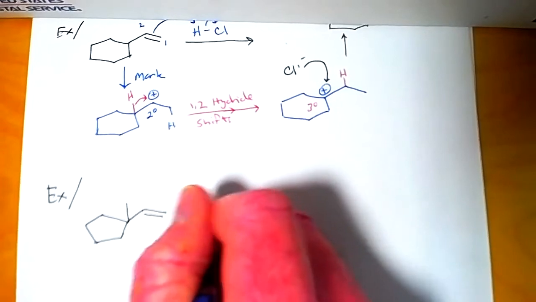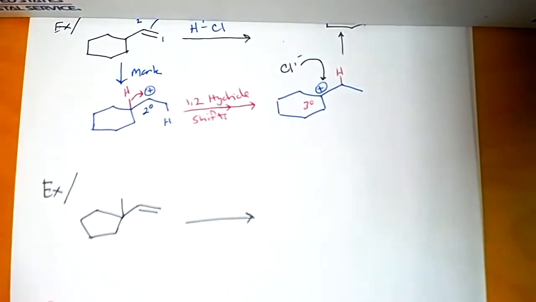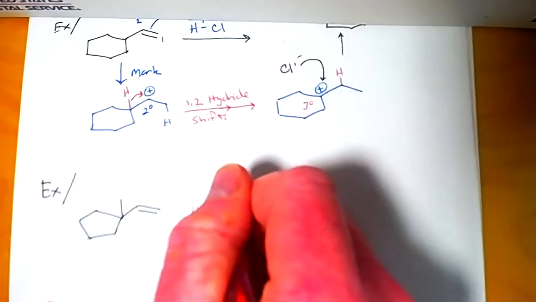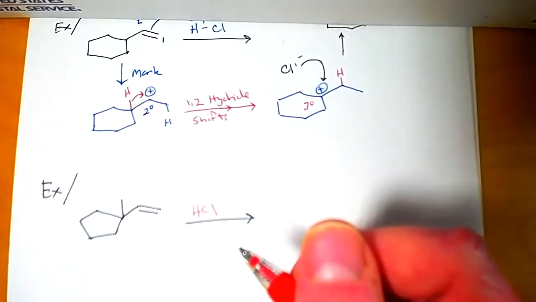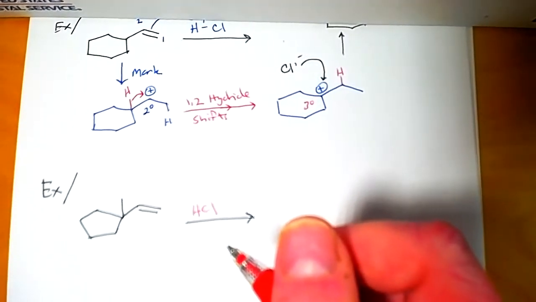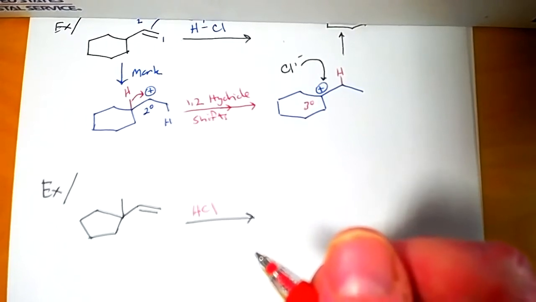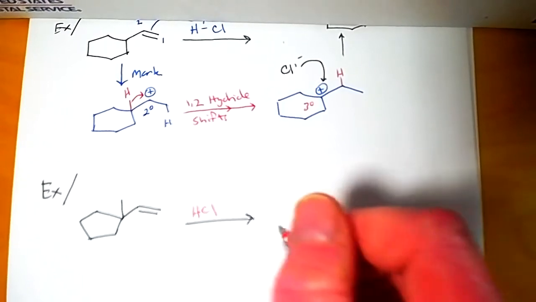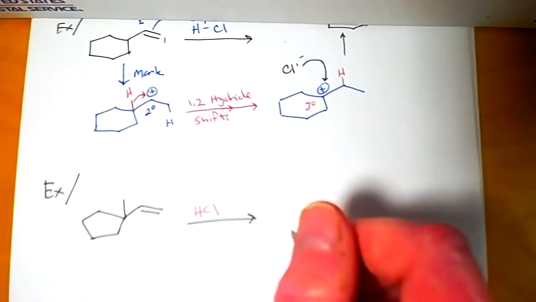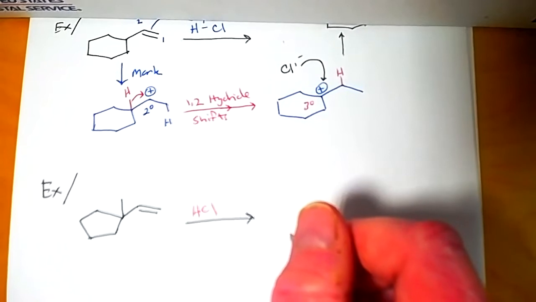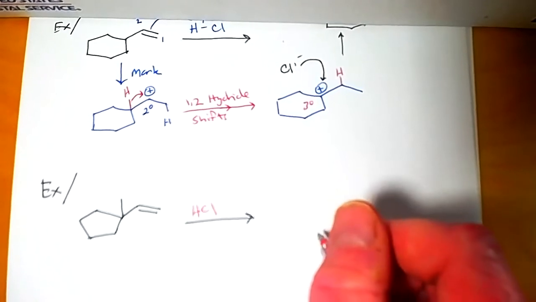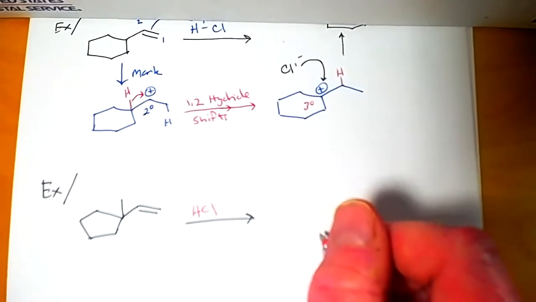If you were to add HCl to this compound, it turns out that there are actually 4 different products that are produced at a minimum that come from ring expansion.